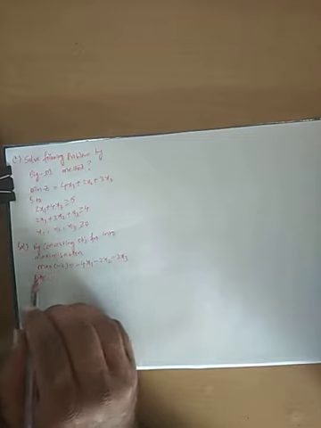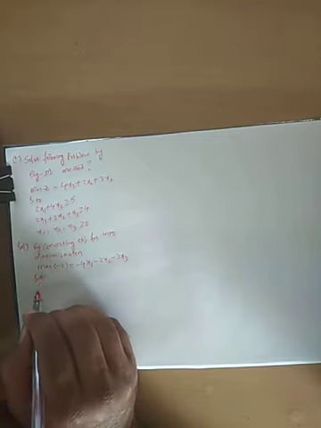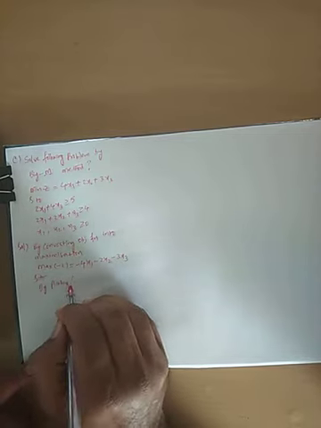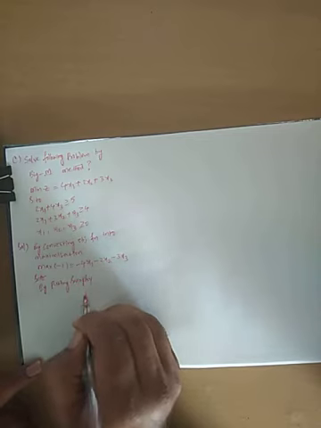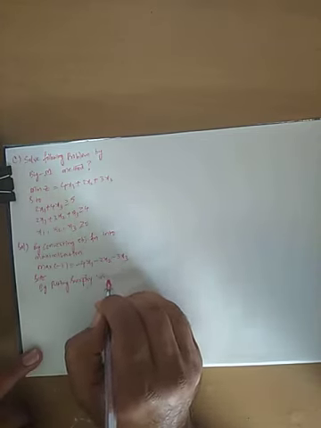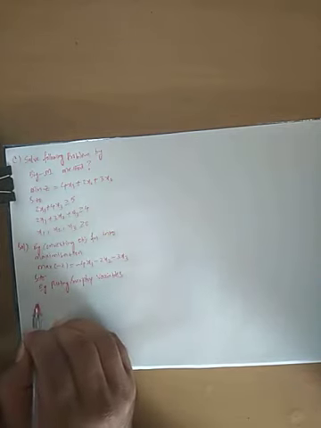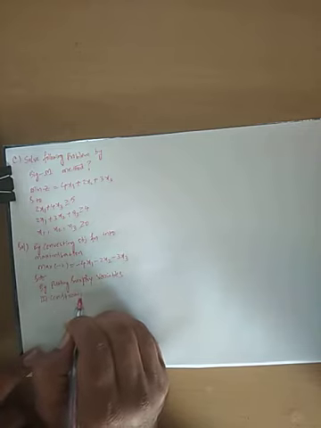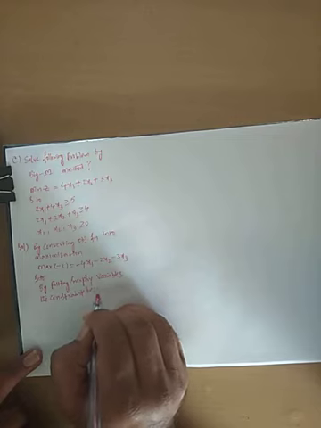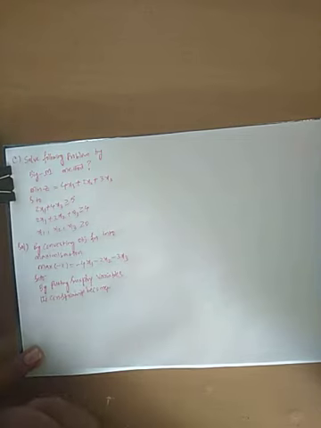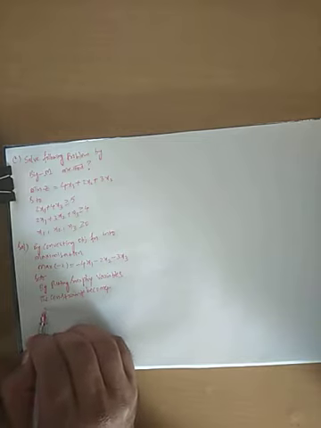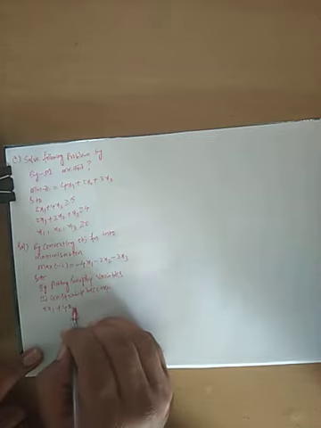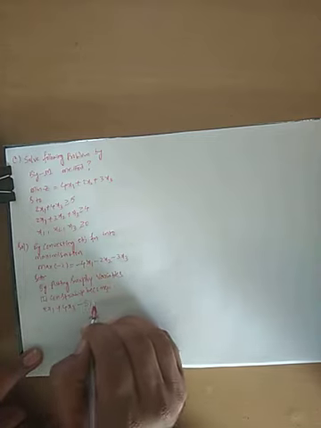First, we substitute surplus variables, and the constraints become: 2x1 plus 4x3 minus s1 is equal to 5.